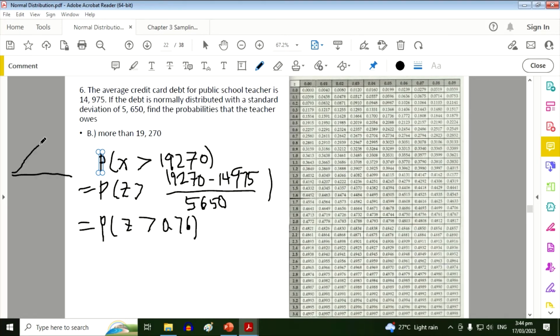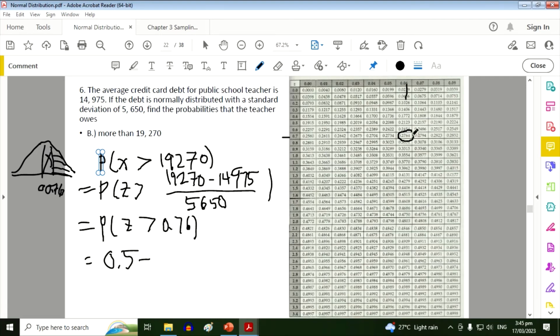So let's draw the normal curve. We have 0. Then we have the 0.76. It's positive. Okay, and our inequality is greater than, so we have this. Visually, it's 0.5, the half of the curve, minus this area. So let's find 0.76. So 0.7, then we have 6 here.